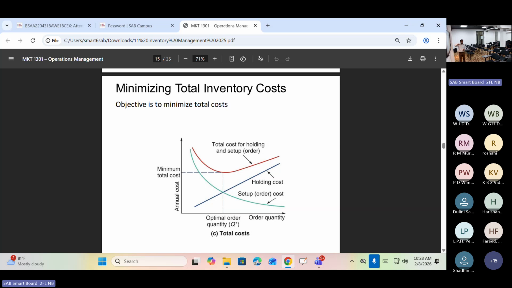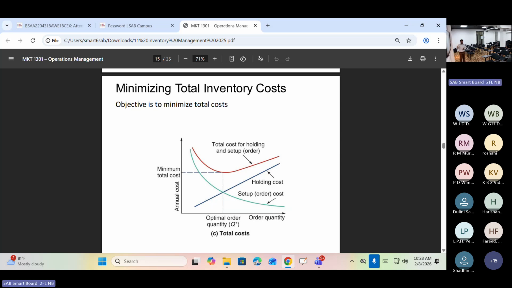You know how inventory costs behave at different order quantity levels. So these two types of costs, especially the first one, that is carrying cost or the holding cost. When the order quantity increases, holding cost increases proportionately. The blue line.